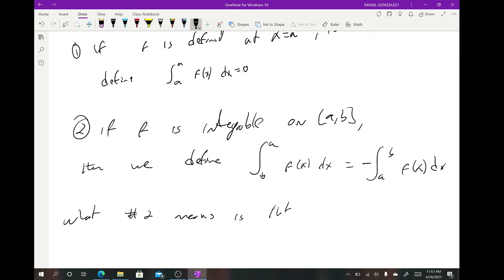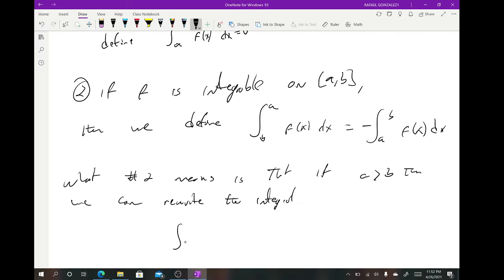is that if a is bigger than b, then we can rewrite the integral. So the integral is always written from the lower bound to the upper bound. And naturally, a is less than b.